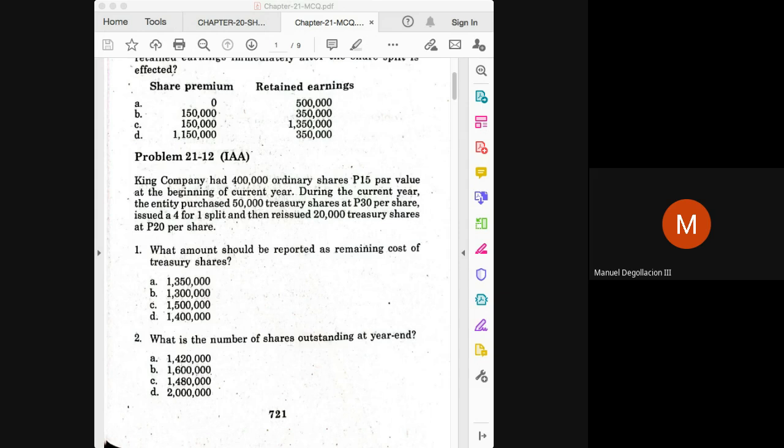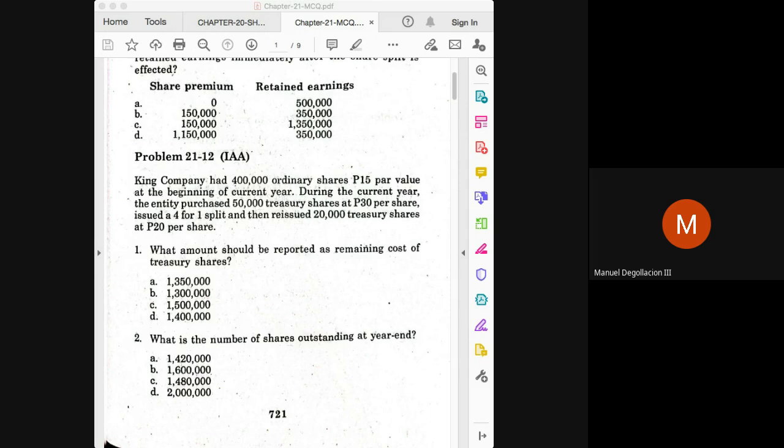But after the stock split, we reissued 20,000 of our treasury shares. So before the reissuance, we had 200,000. After reissuing 20,000, the remaining treasury shares would be 180,000.